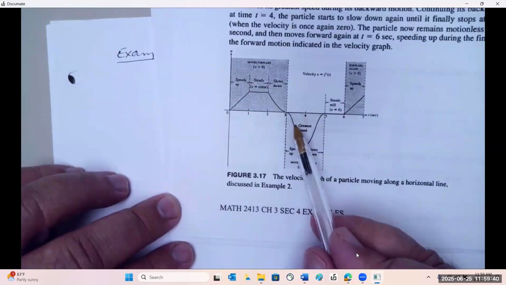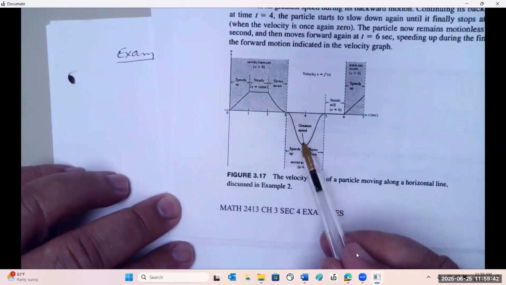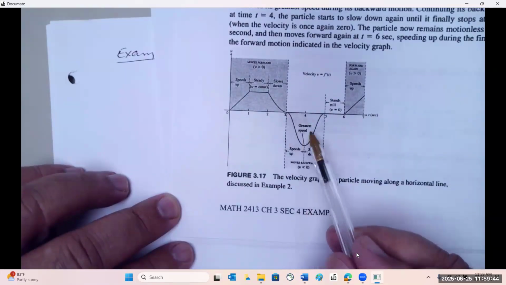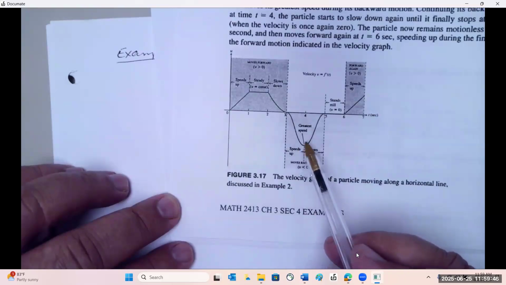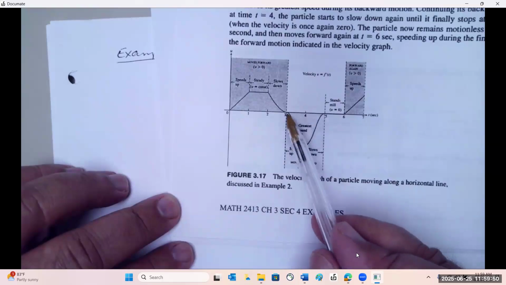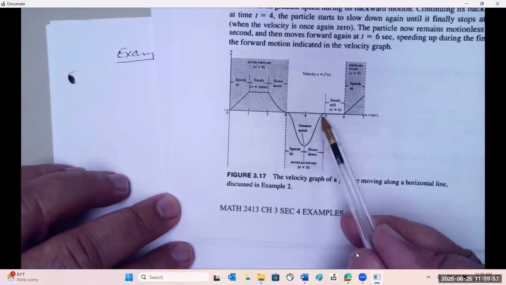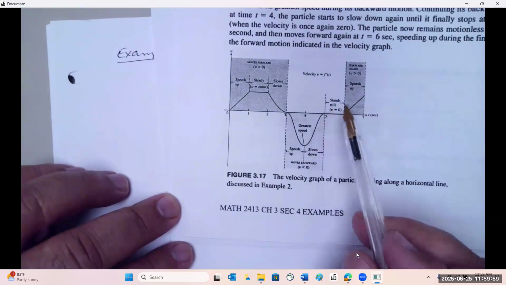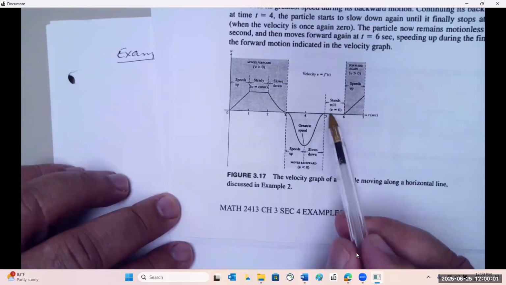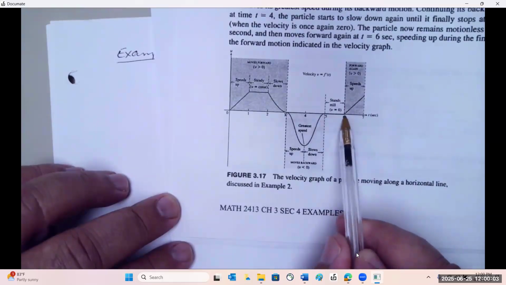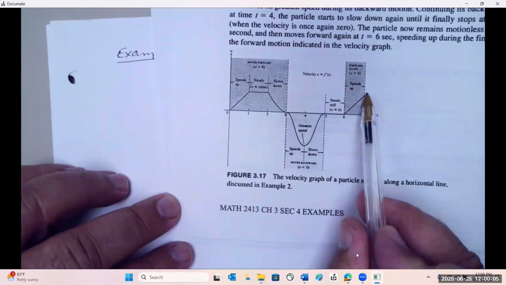Then what does this mean down here? It's negative, so it's going backwards. So you're accelerating backwards. And then you're decelerating backwards. Eventually you stop. You stay stopped until you move again.